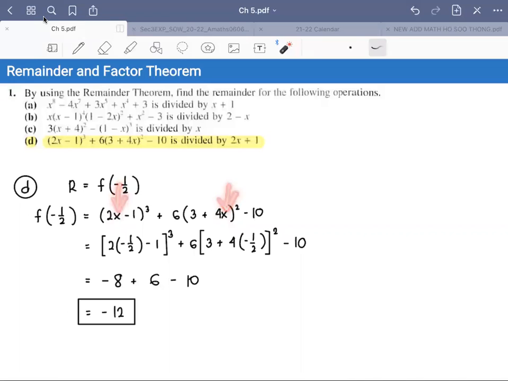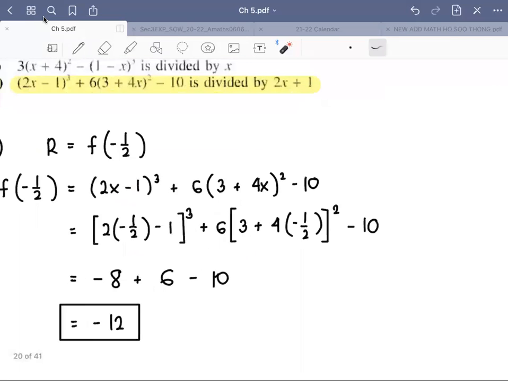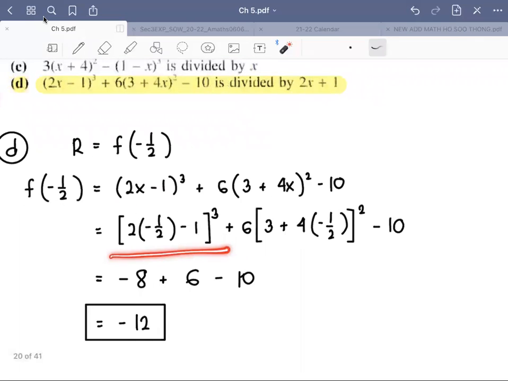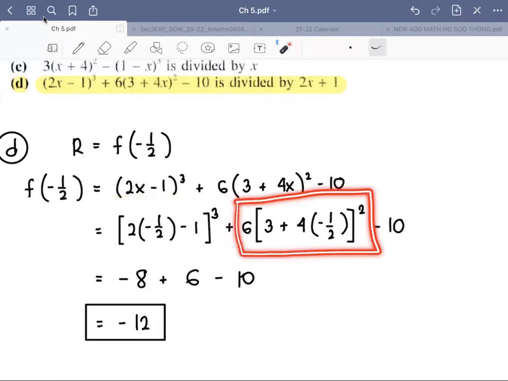So x here and x here becomes negative 1/2. For this one, class, I highly suggest that you type this term per term in your calculators to avoid wrong answers. Type this one first in your calculator, and you'll get negative 8. Then for the next term, you type this inside your calculator, and you'll get positive 6.